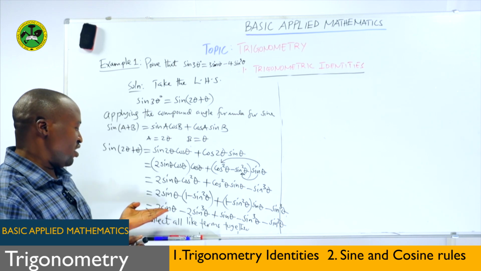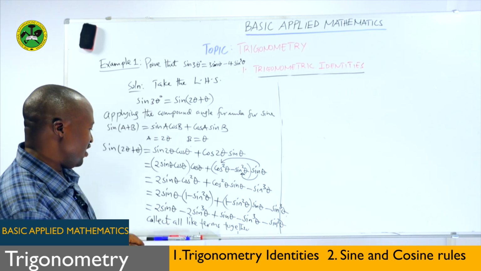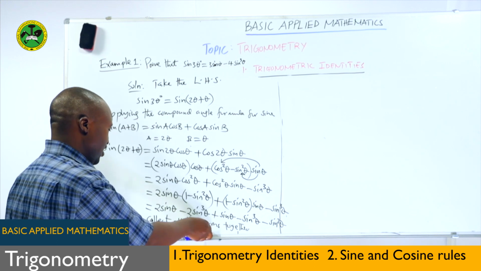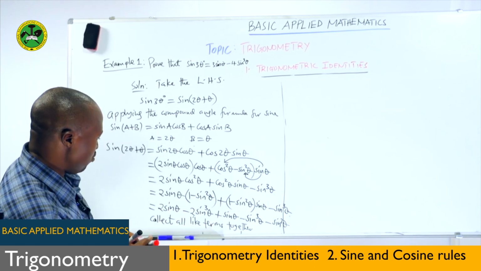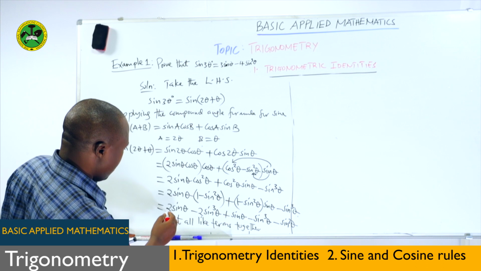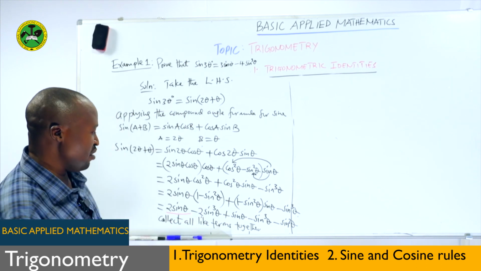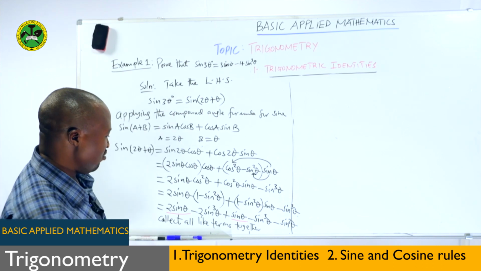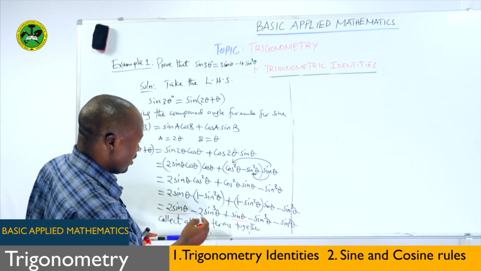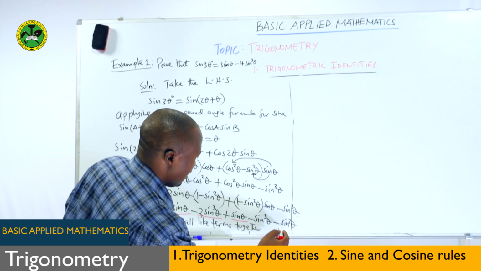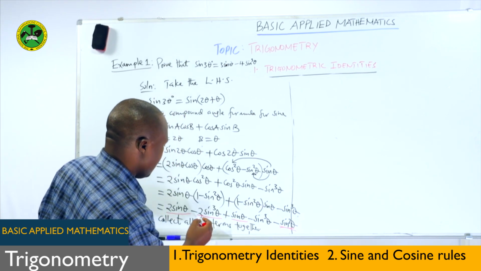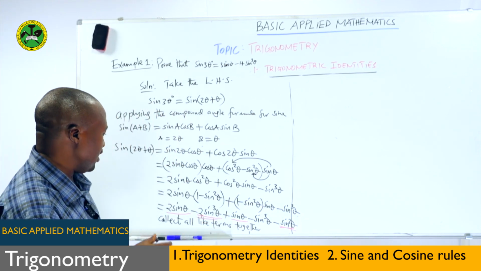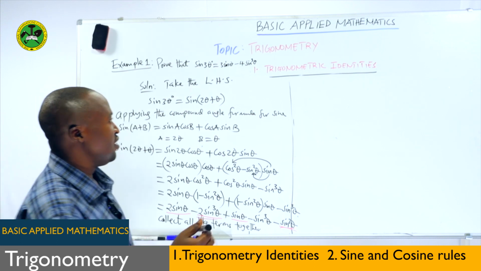We have 2 sin theta. This will go with that, 2 sin theta. This one is the same as sin theta. But again, we have the sin with the cubic. That will be the same.